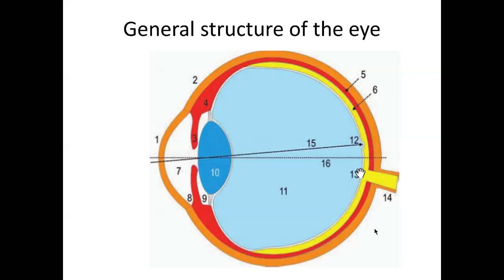The organon visus could be divided into two components. The eyeball, here it is on the screen, and the additional apparatus of the eye, which includes the eyelids, the connective tissue of the orbit, the fascia, the lacrimal apparatus, and so on.